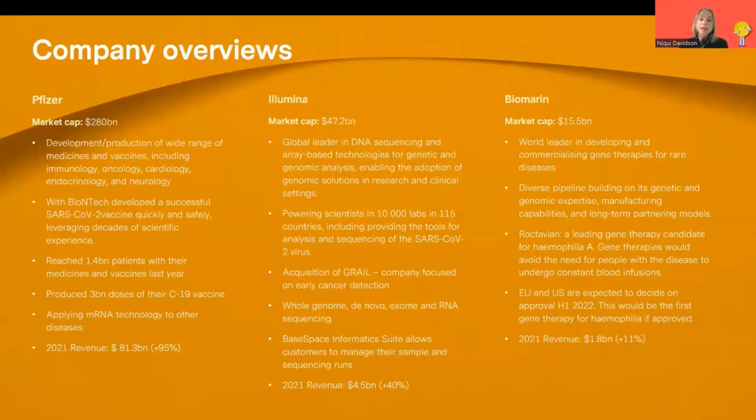The reason for highlighting them is that they've been featured in the news quite a lot recently, given that they are one of the leading developers of a gene therapy for hemophilia A, which is touted as being the next gene therapy that is expected to be approved. This approval was expected in the first half of 2022, so really any day now, if all goes according to plan.